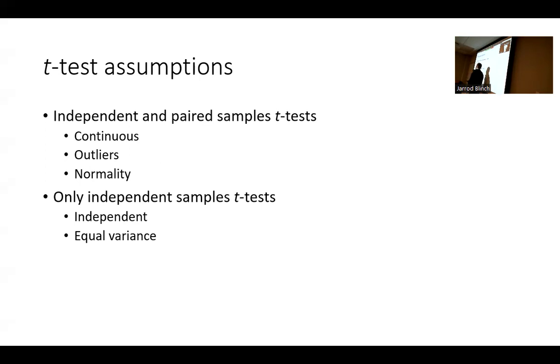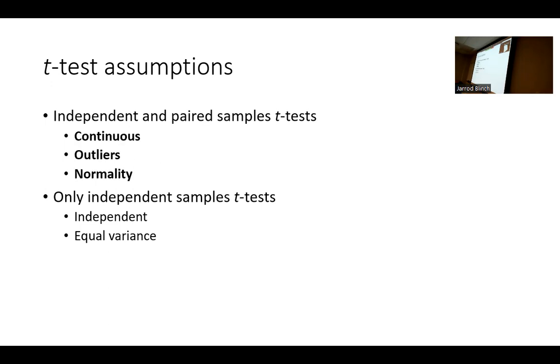So we already know about them. We'll review them quickly today. Now, only for the independent samples t-test and not the paired samples t-test, the groups have to be independent, and you need to have equal variance between your two groups. And the latter one is what we'll look at in more depth.